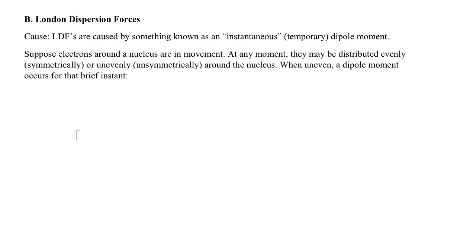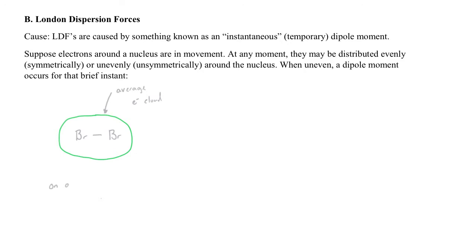Now, the first type of force we're going to learn about is called the London dispersion force, and it too is caused by the existence of a molecular dipole. It turns out, though, that the molecular dipole that causes the London dispersion forces is a temporary dipole. It's one that does not persist for more than just a brief moment in time.